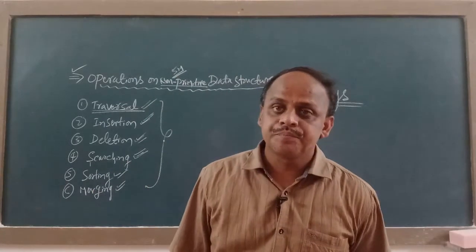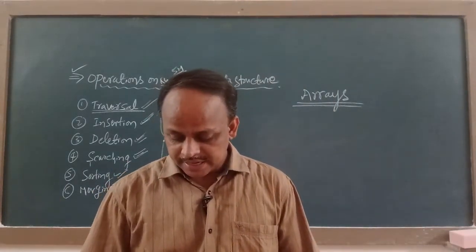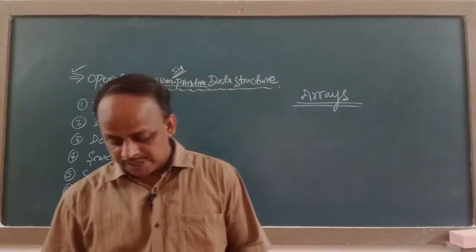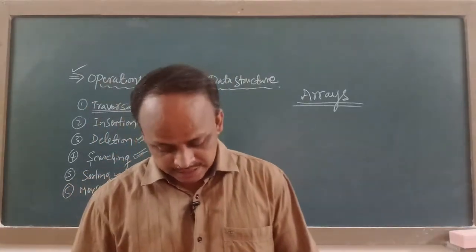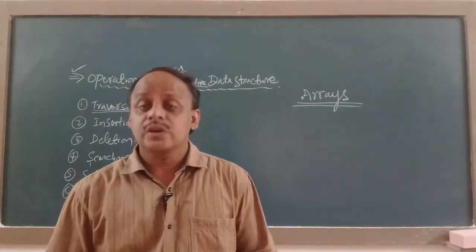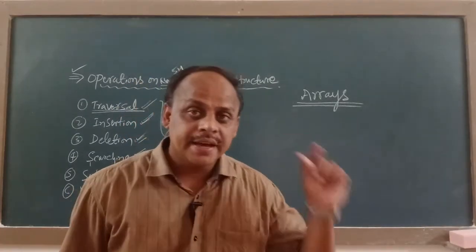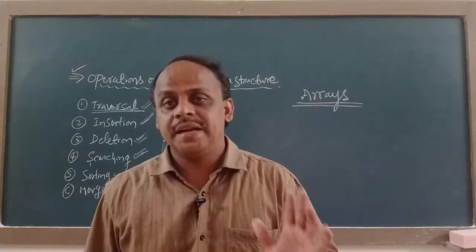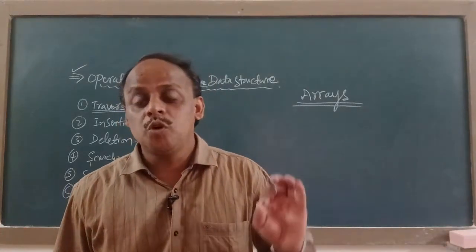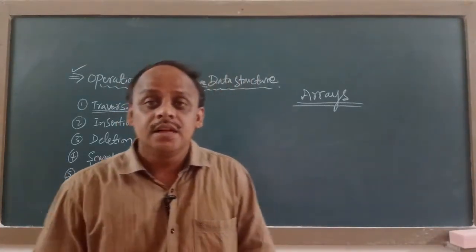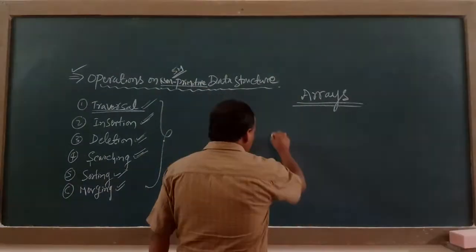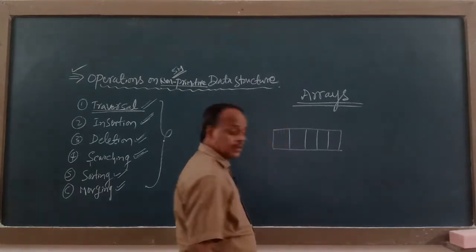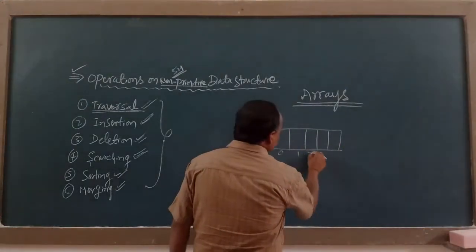What is an array? An array is a collection of homogeneous elements with a unique name, and the elements are arranged one after another in adjacent memory locations. It means an array is a collection of similar kinds of elements. Suppose this is an array, with locations 0, 1, 2, 3, 4.